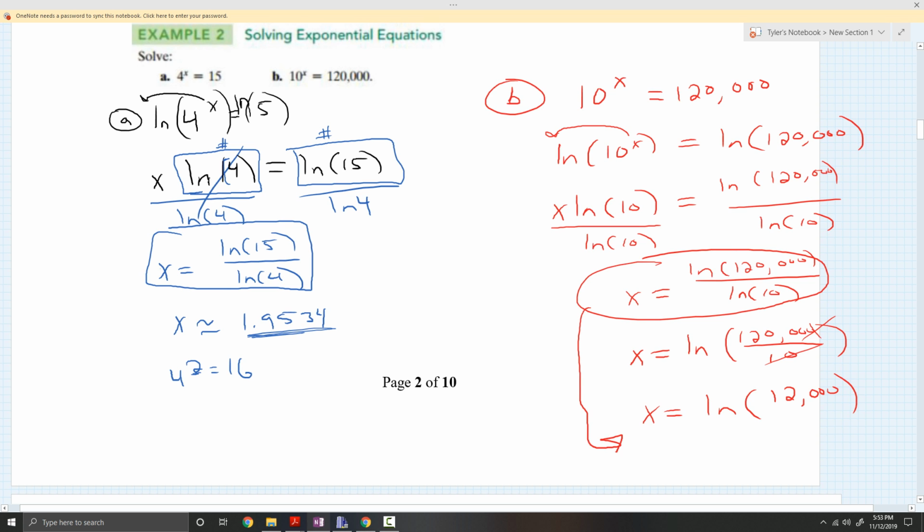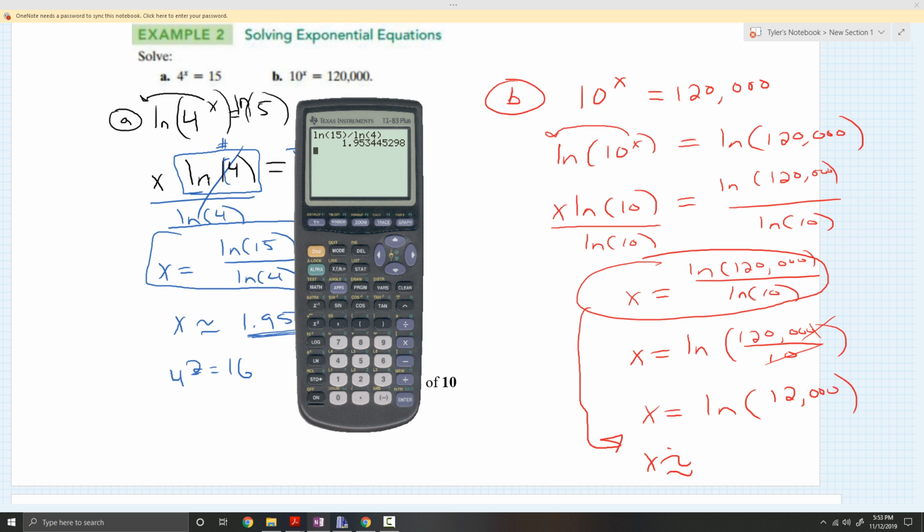So then we need to approximate, maybe get a decimal approximation. If we take the natural log of 120,000 divided by the natural log of 10, we get 5.079. And notice if I take the natural log of 12,000, I should get the same answer.